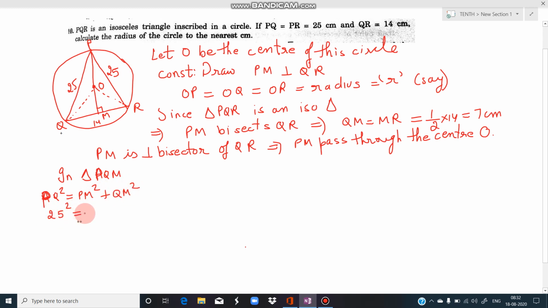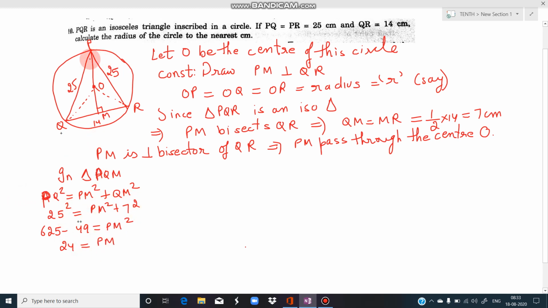So 25 square, and this is 7 square, minus 49, so 24 comes out to be PM. PM comes out to be 24.